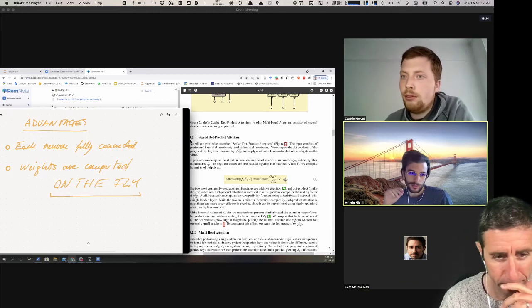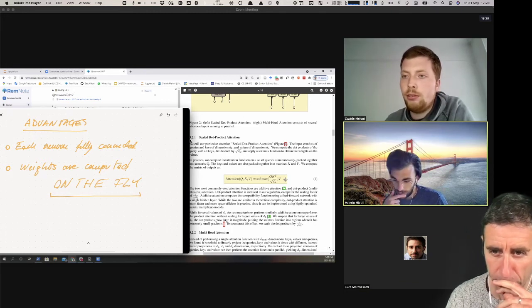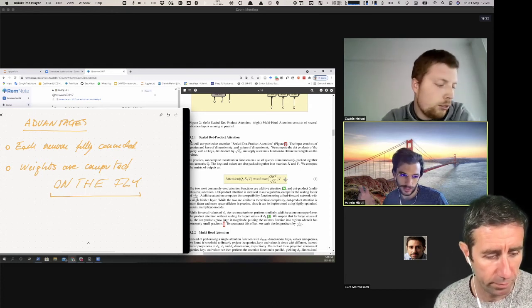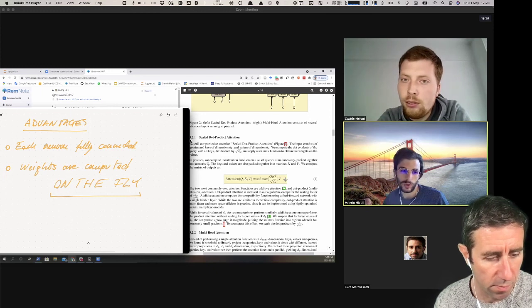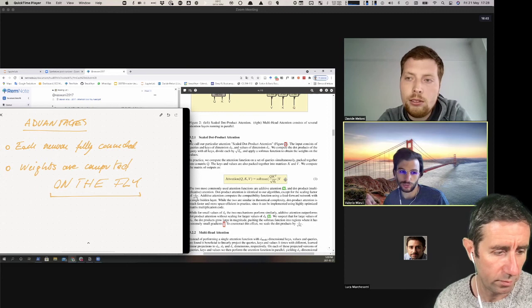So, going very deeply into the architecture, while the weights of a traditional model are fixed, here the weights change according to the input.